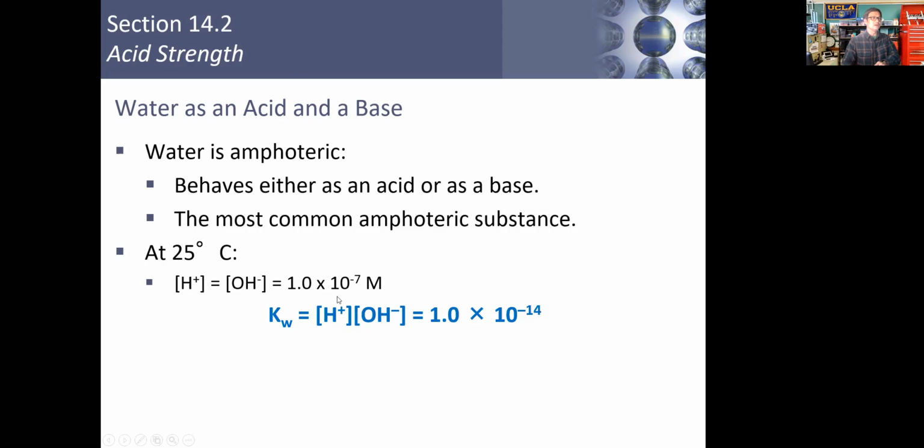The concentration of hydrogen ions and the concentration of hydroxide ions will, at 25 degrees Celsius, be equal to 1 times 10 to the minus 7. And if during the course of the autoionization of water the concentration of these two have to be equal, because we saw that with autoionization of water it was a 1 to 1 mole ratio.